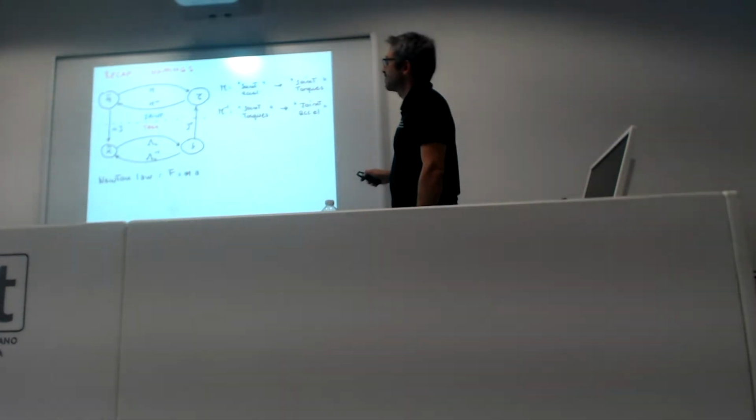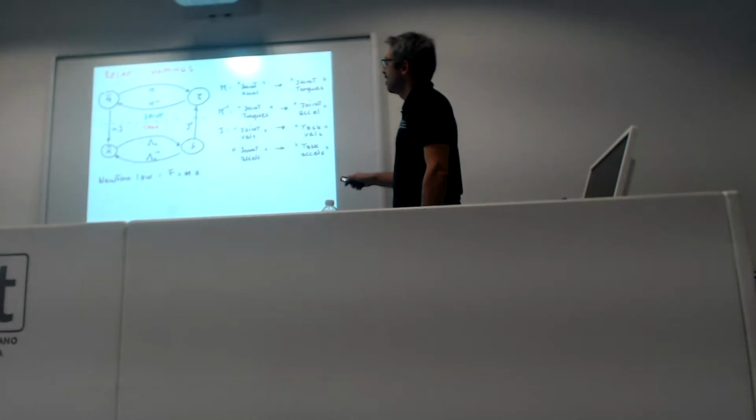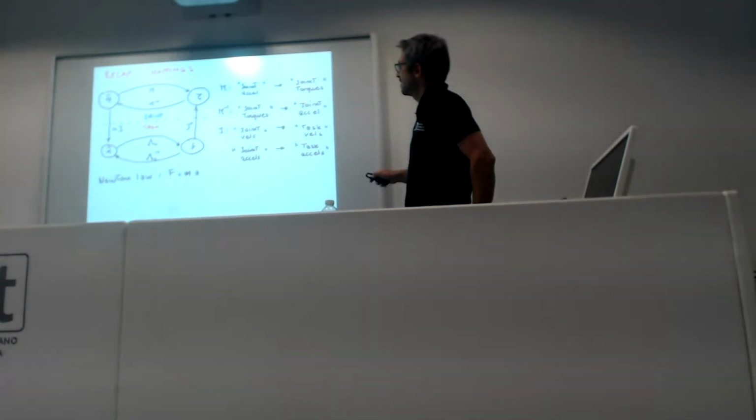M inverse maps joint torques into joint acceleration. Here we are living in the joint space world, and now when we move to the task space, we have Jacobians that map joint velocity or joint acceleration into task velocity or task acceleration.